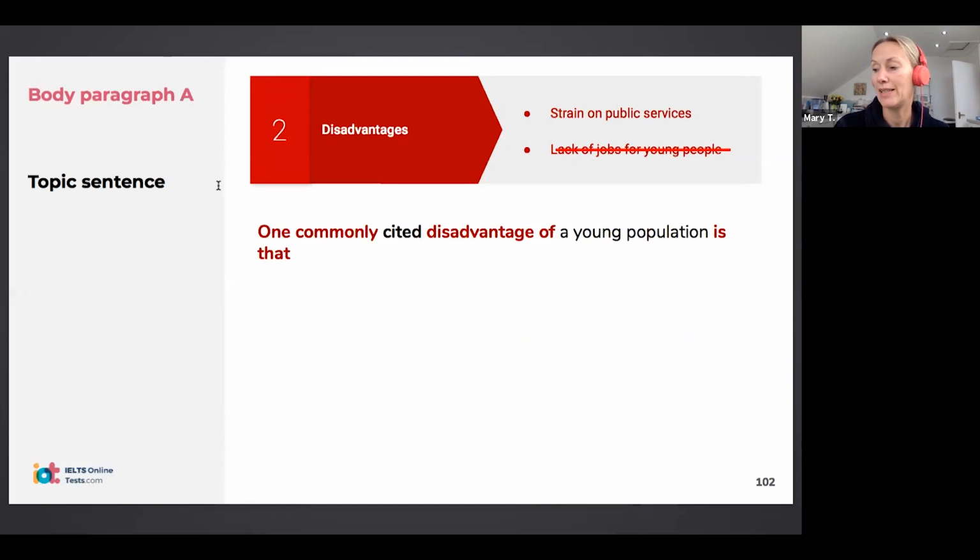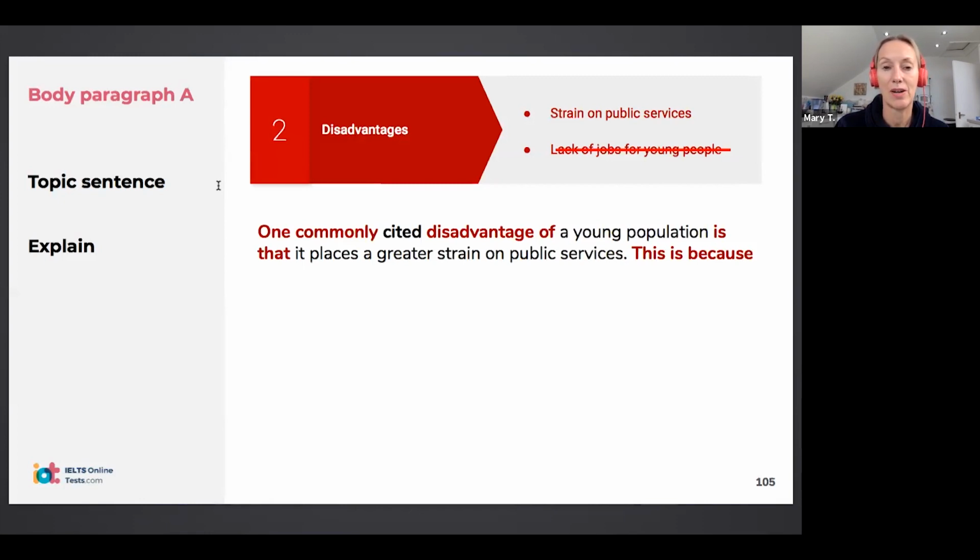So one commonly cited disadvantage of a young population is that, so here is the disadvantage, it places greater strain on public services. And then an explanation. Okay, so it's nice to use a linking phrase like this to go into the explanation.